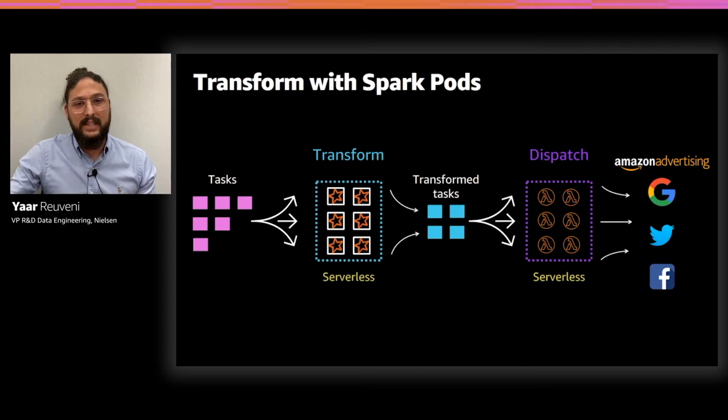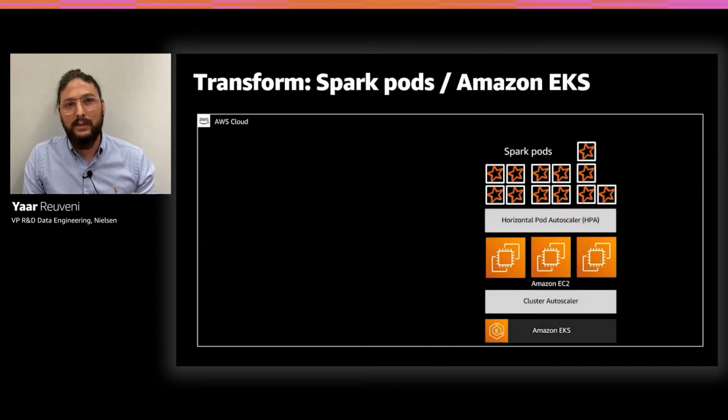So let's see how we implemented the transform side, running Spark in the serverless model. We are running those standalone isolated Spark nodes on a Kubernetes cluster. We are using EKS, which is the Amazon managed Kubernetes service. And this allows us to spin the Spark pods up and down according to the demand.